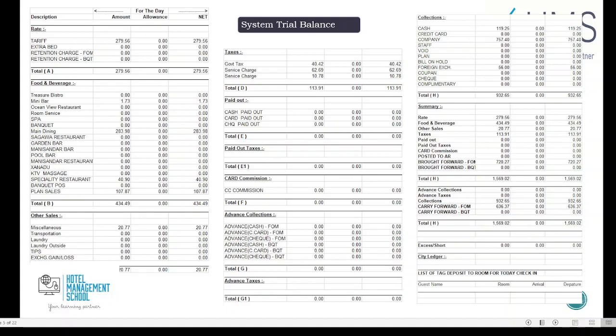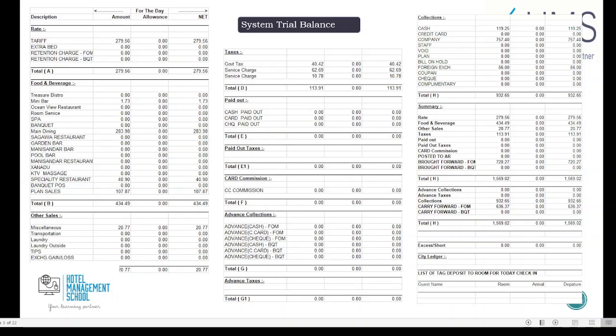I mean, the total of the rates and total of the collections is always settled out, and it includes the deposit transaction, opening deposit, closing deposit, and how much has been posted as collections, because a deposit once posted is also considered as a collection, and the opening guest ledger plus the revenue and closing guest ledger. So all that is included in the trial balance.